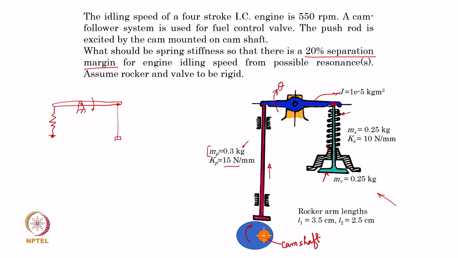So, whatever is the vertical speed this rocker arm end has, let us say if I call this V, the same velocity will be that of the valve.